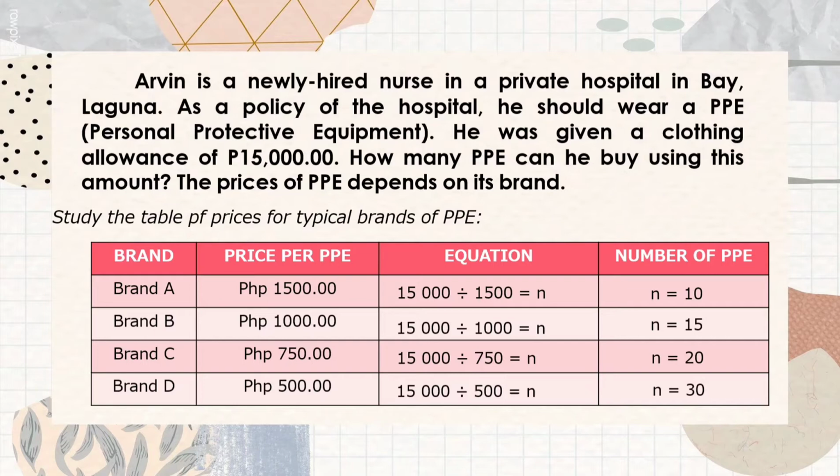So, kung i-divide natin siya sa 15,000, ang mabibili niya dyan is 30 pieces. So, therefore, the number of PPE he can buy using 15,000 clothing allowance depends on the brand of PPE he prefers.